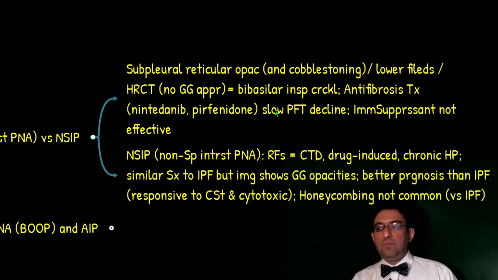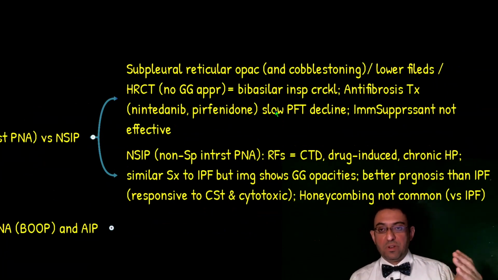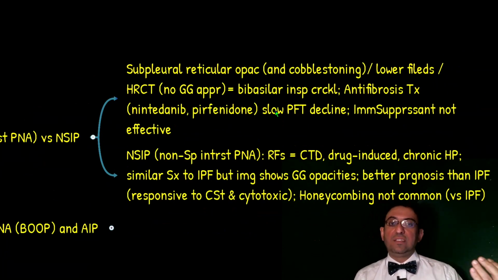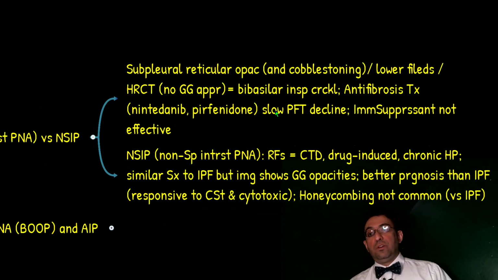Now, we have another interstitial pneumonia, and that is non-specific interstitial pneumonia, and therefore that's a differential of usual interstitial pneumonia, also known as idiopathic pulmonary fibrosis. What are the hallmarks of it? It is not necessarily idiopathic. There are some underlying conditions such as connective tissue diseases, hypersensitivity pneumonitis, or even drug-induced causes of interstitial lung diseases. Also, symptoms are similar.